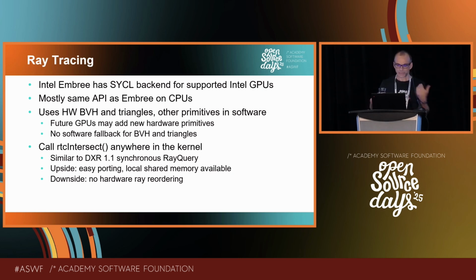So hair intersections and sphere intersections are pretty much the same. We're using RTC intersect and synchronous ray tracing, so you don't get the hardware reordering and sorting of rays, but it makes porting your existing CPU code much easier if you just use the same programming model, the same flow.